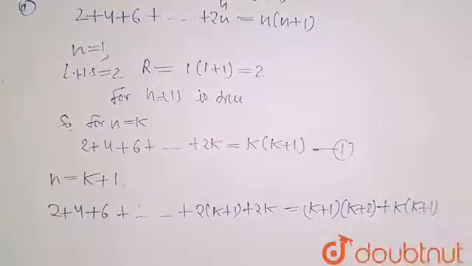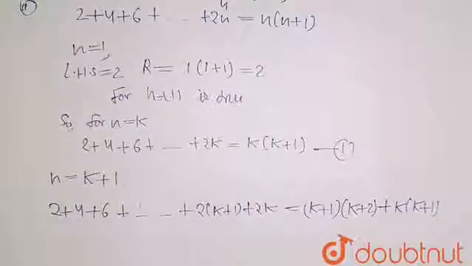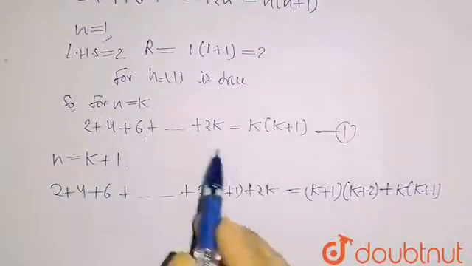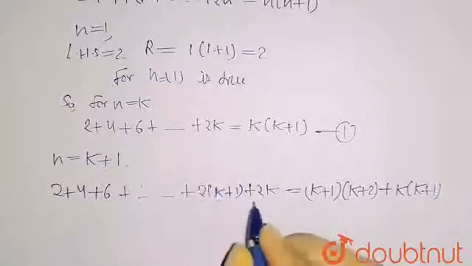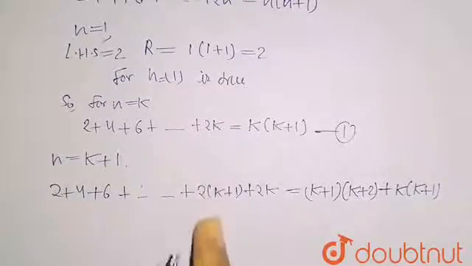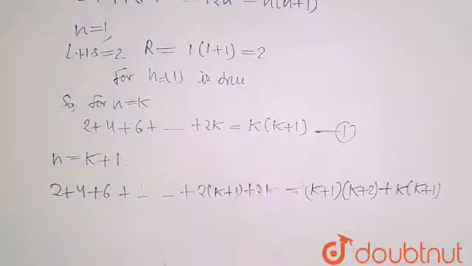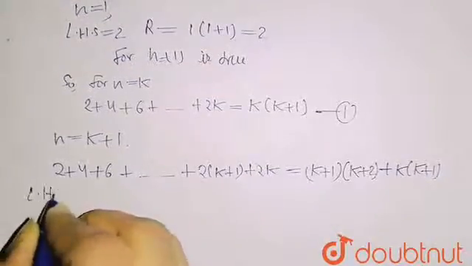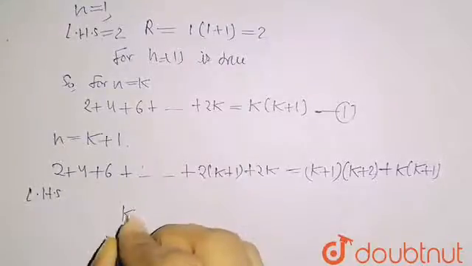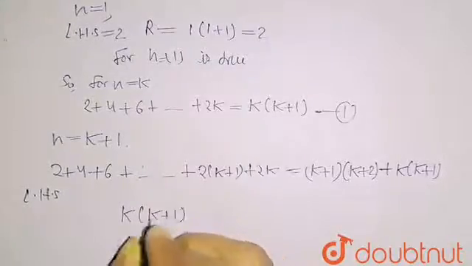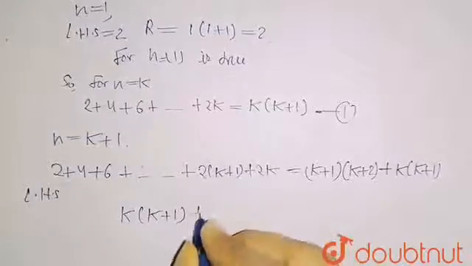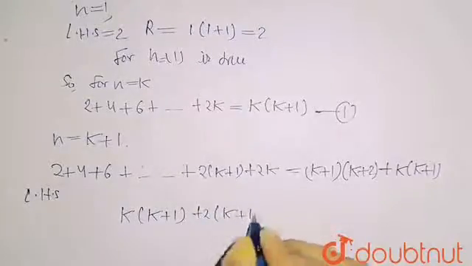Now from equation 1 you can see that in place of 2 plus 4 plus 6 and so on plus 2k, I will put k plus 1. So for the LHS I will put k plus 1, and in place of this I got the value, which is 2k plus 1.